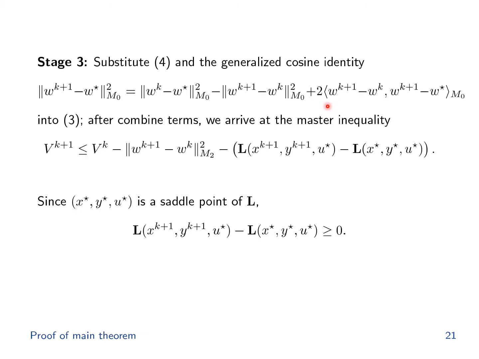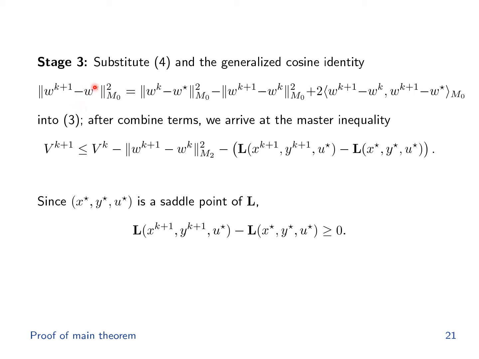Recall in stage 1, we ended up getting 2 inner product terms to handle. In stage 2, we have bounded the second inner product term, and this is the remaining inner product term, and it can be handled by this generalized cosine identity.